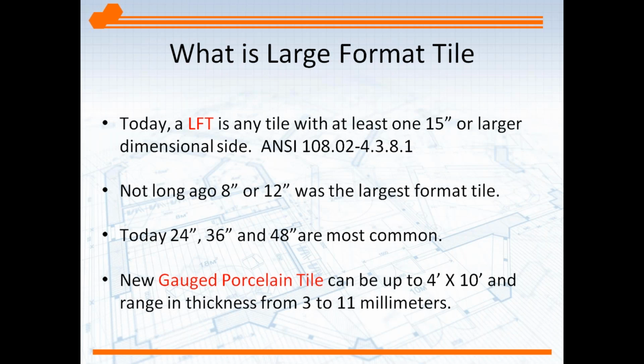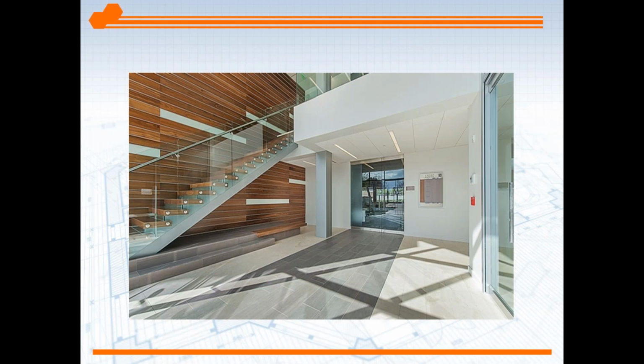That gauged porcelain I was talking about could be up to 10 feet and range in thickness. That's exactly what gauged means, the thickness, and we're going to talk about that. Here you see an application of large format tile on the floor. They're narrower plank tiles. They may have a wood look or a stone look, but they're classified as large format tile.